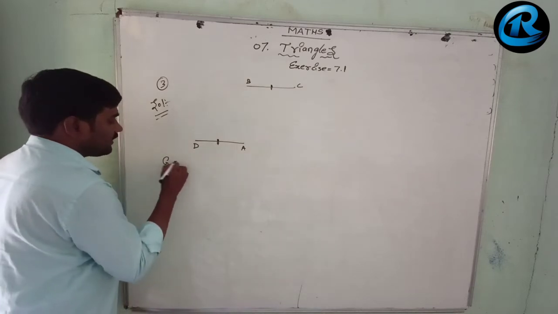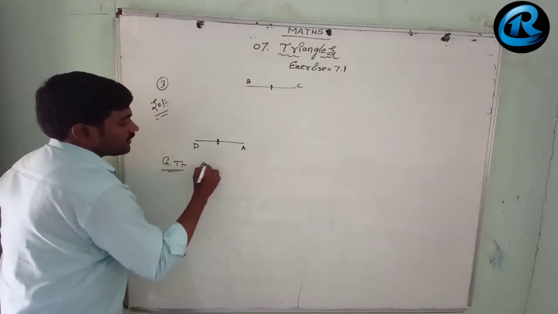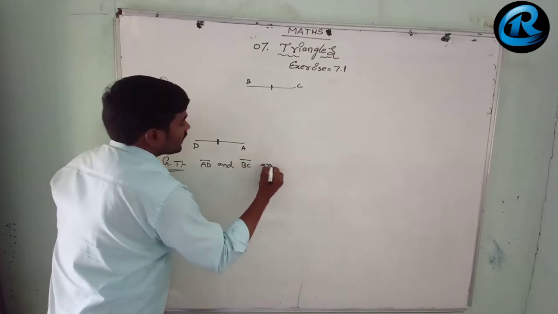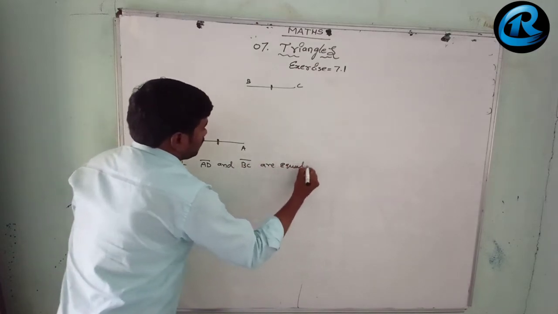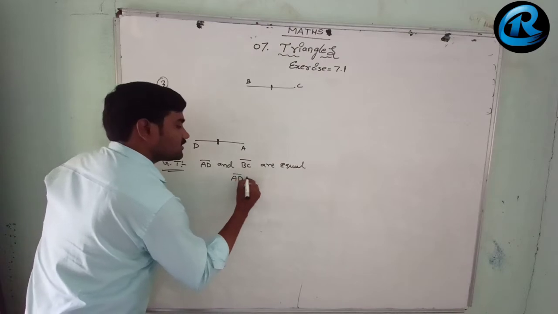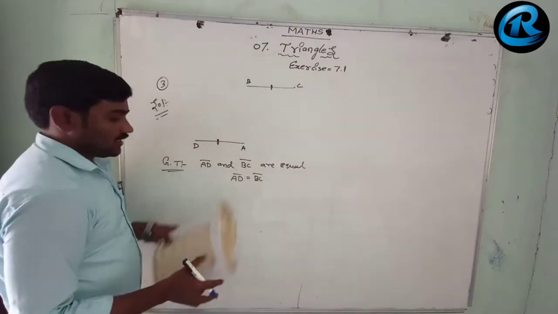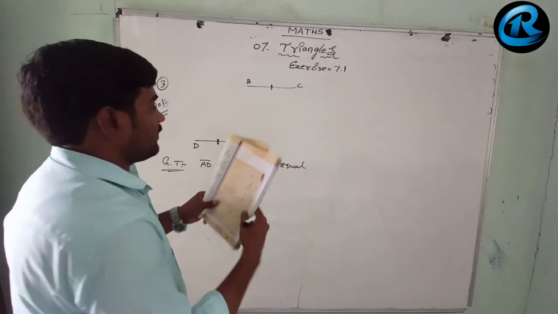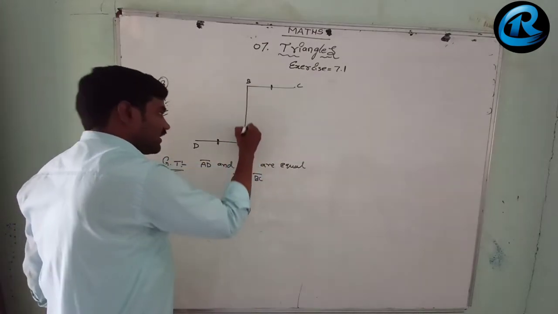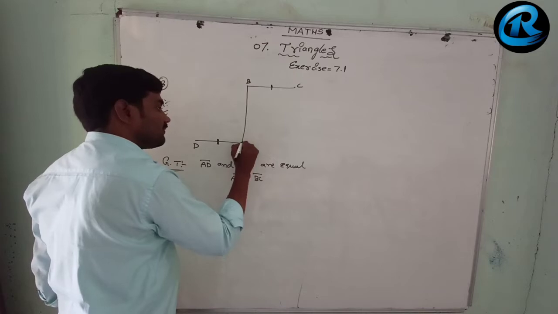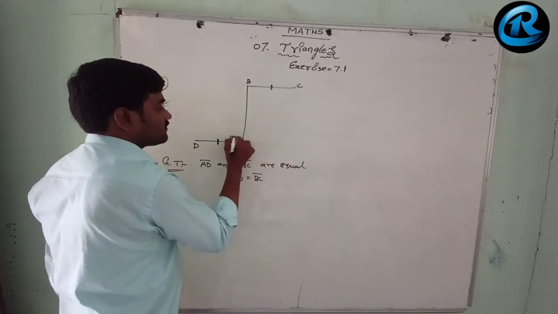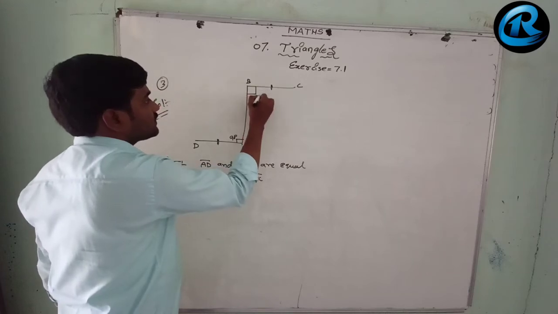Let us write the given: AD and BC are equal, so AD is equal to BC, and perpendicular to the line segment AB. There is one line segment here, AB. These both are perpendiculars. Perpendiculars make 90 degrees, as we know. So let us mark it 90 degrees.